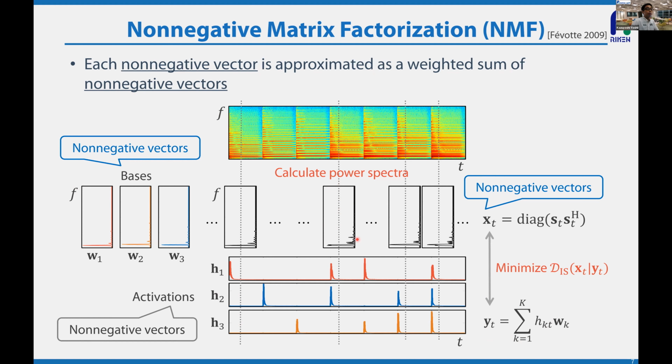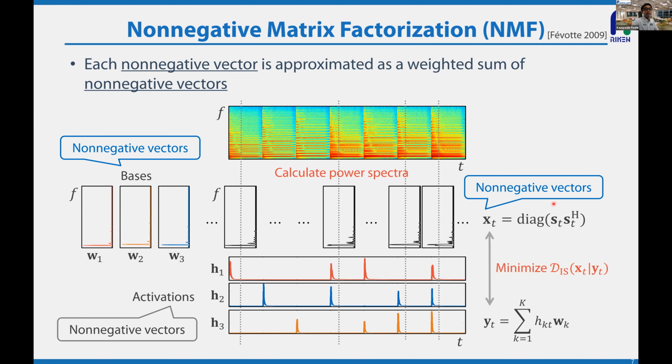For example, if you focus on this vector, it is approximated by a weighted sum of these three basis vectors, where the weights are determined by these activations. In this case, the first and the second basis vectors are activated, and the third basis vector is not activated. So these are weights.